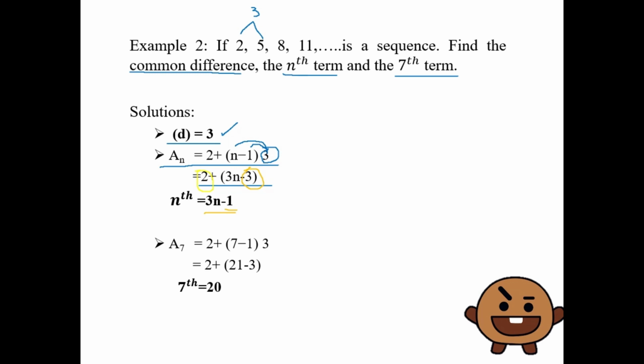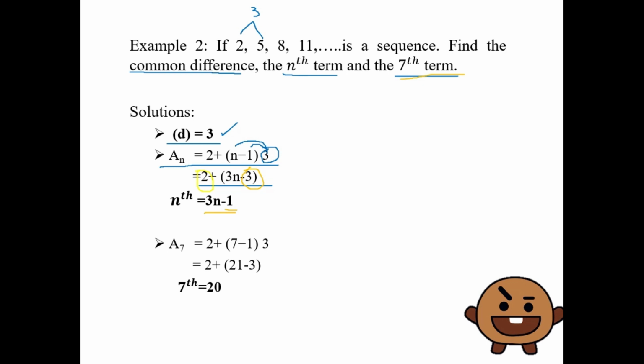I hope you are listening keenly, preparing, and at the same time taking down notes on everything that I have discussed. Moving forward with our seventh term. As you can see here, we are solving for the seventh term. A sub 7, which represents the seventh term, is equal to 2.